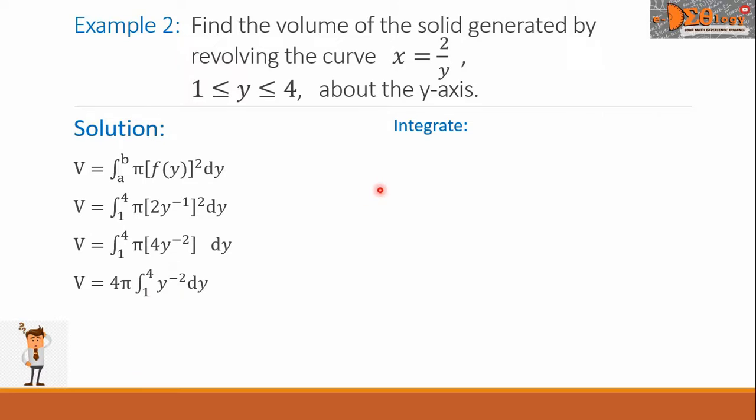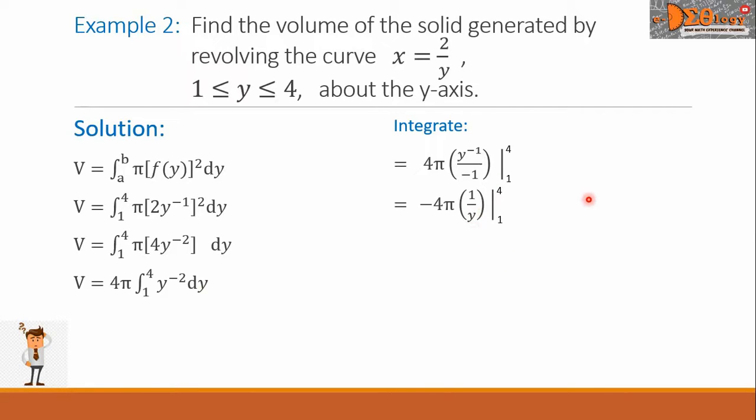The 4 pi we'll just copy, and by the power rule, the y raised to negative 2 becomes y raised to negative 1 all over negative 1 to be evaluated by the limits of integration from 1 to 4. Simplifying this further, we will get negative 4 pi times 1 over y.